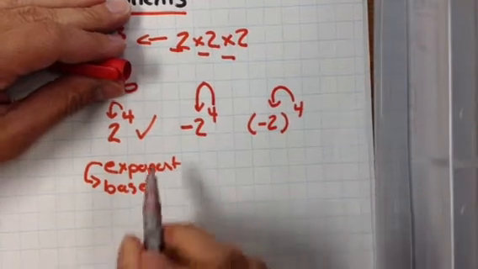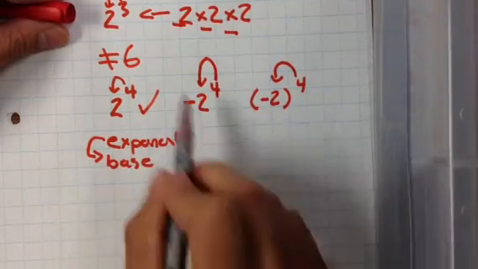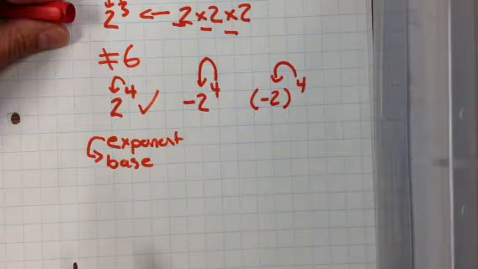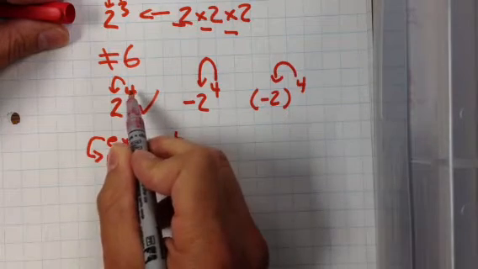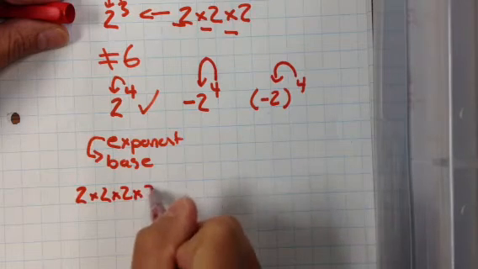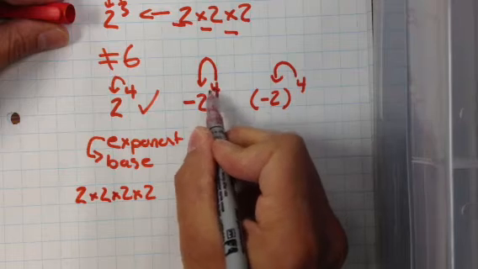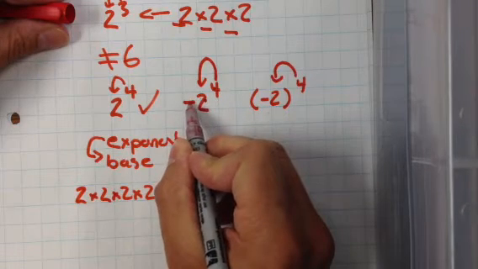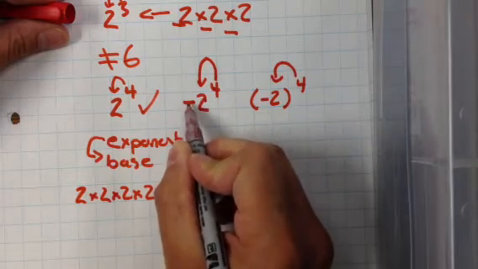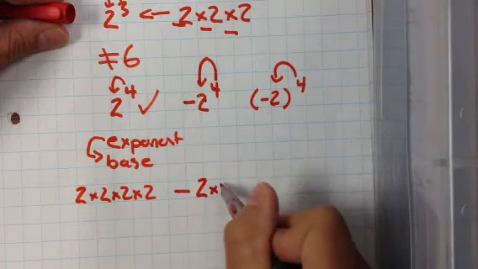So this matters when I write these out in terms of what they really mean in English. In real English, what does this mean in terms of multiplying? On the first one, it says I have 4 2's, so it would just be 2 times 2 times 2 times 2. On this one, it's saying I have 4 2's, but it doesn't include the negative. So the negative is just there, so I write it in front, and I write the 4 2's.